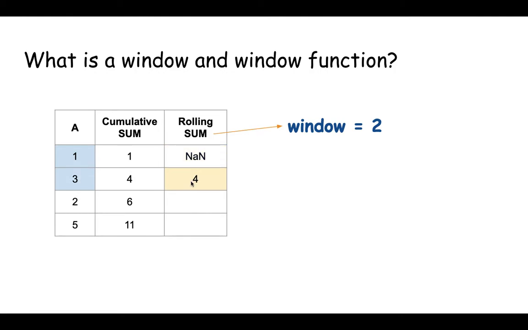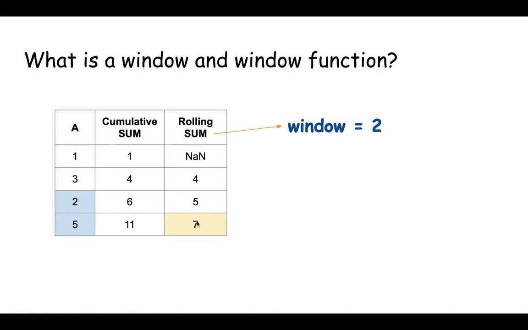However, when we move to the second row, we have 1 and then 3, so we can add these two to get 4. Similarly we move on, take this 3 and add 2 to get a rolling sum of 5, and finally 2 plus 5 is 7.